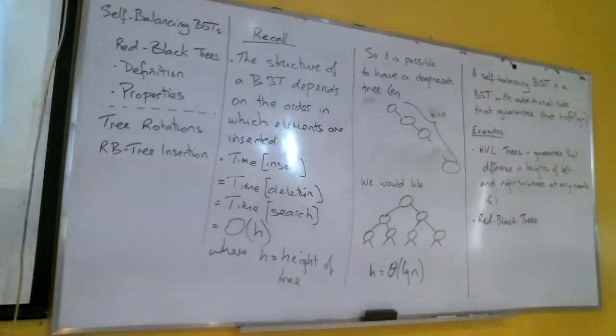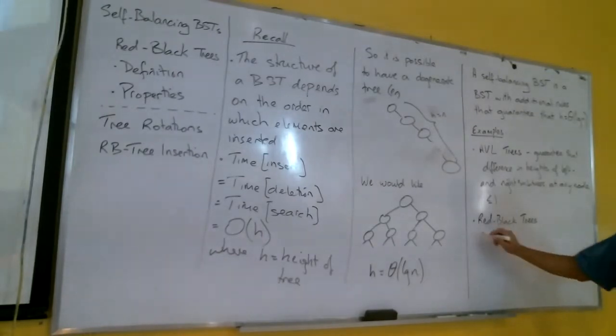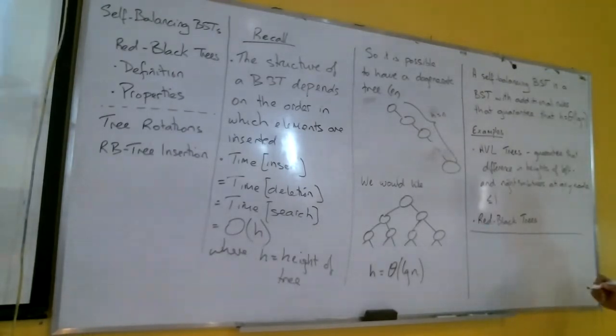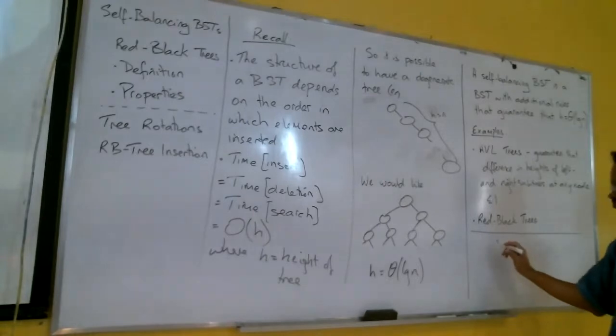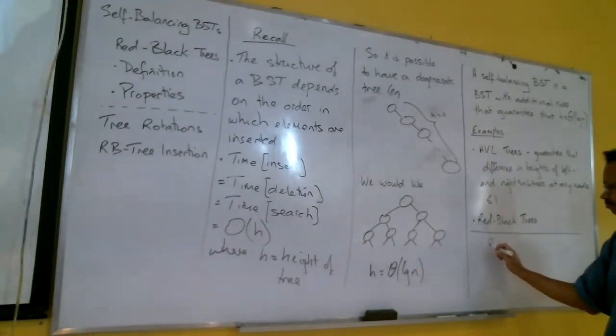So, before I get into the details of what a red-black tree is, just as a quick exercise to ensure that we're all on the same page, I'm going to draw some tree structures and you tell me which ones are balanced. So I'm drawing all the nodes now.